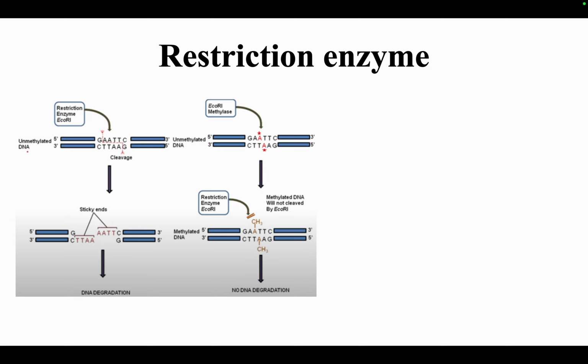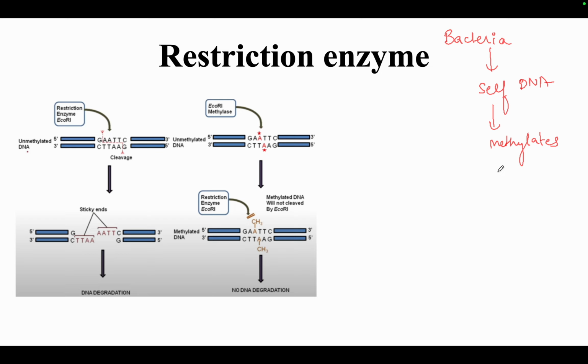Whenever a phage attacks bacteria, it integrates its genome into the bacteria. In order for the bacteria to recognize its own DNA, or self DNA, it methylates its own DNA.